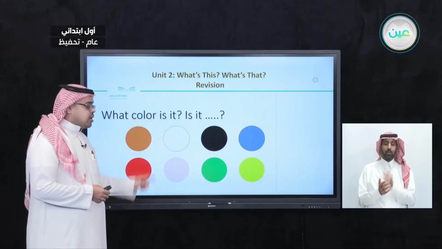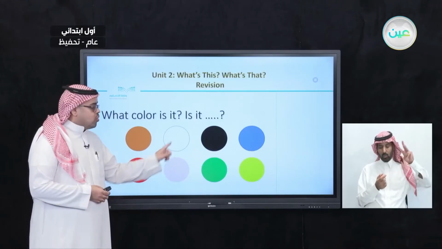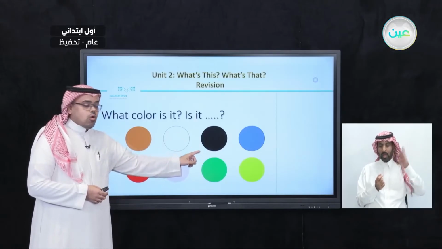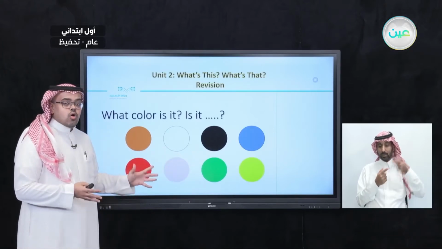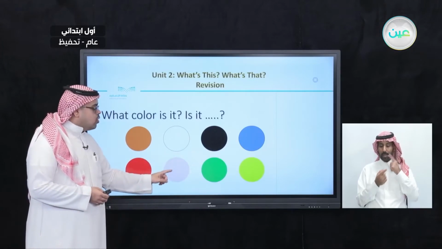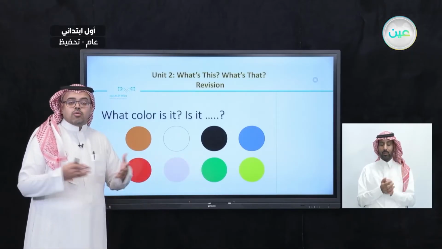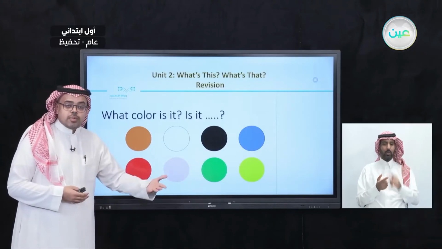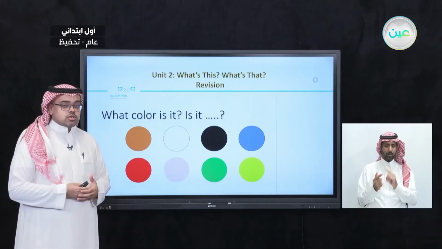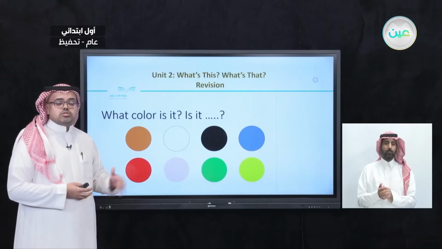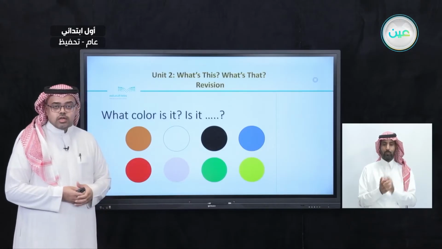Is it brown or white or black or blue or red or pink or green or yellow? And we got to know how to ask about colors and also how to answer about colors as well. And we got to know different types of colors in that lesson.